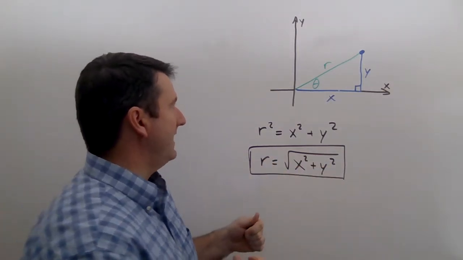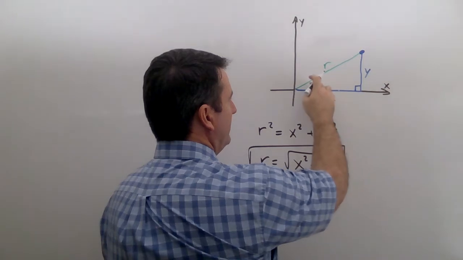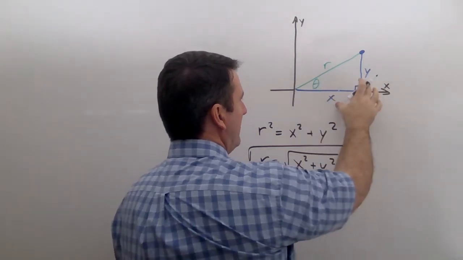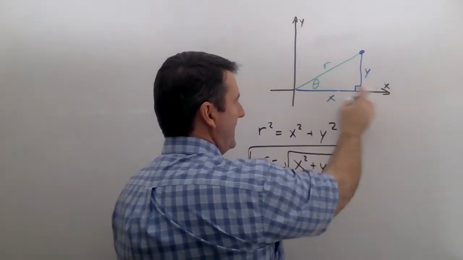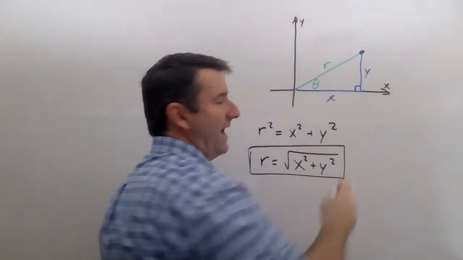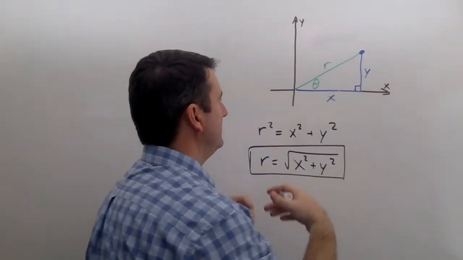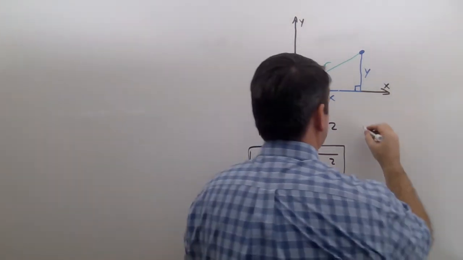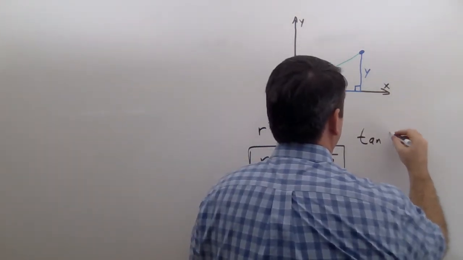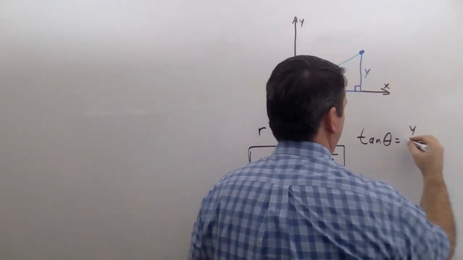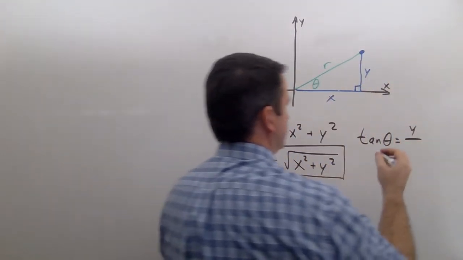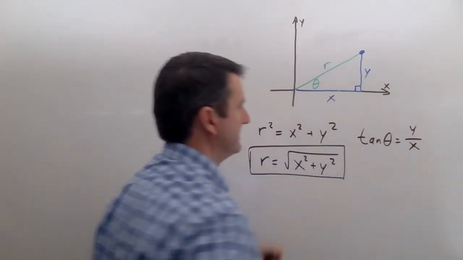Now let's find theta. Well, here, if we're trying to find theta and we know x and y, x is the adjacent side, y is the opposite side. So we can use tangent. So we know that the tangent of that angle is equal to the length of its opposite side, y, divided by the length of its adjacent side, x.